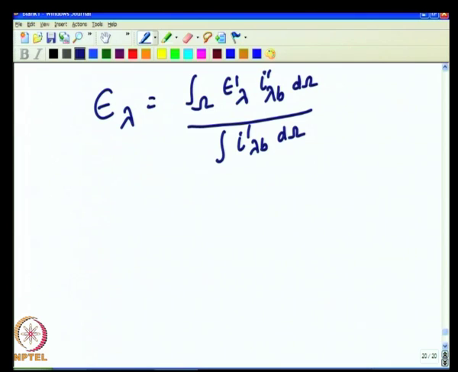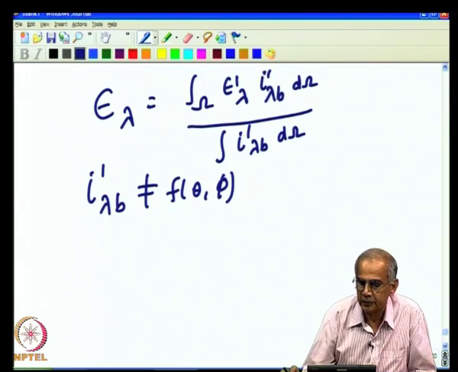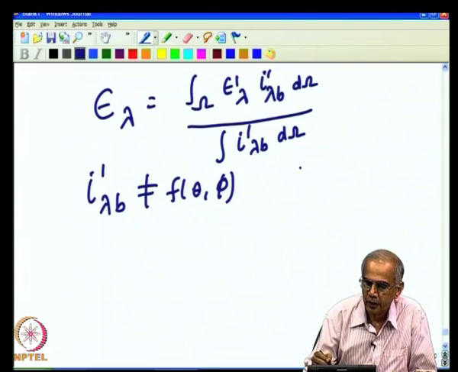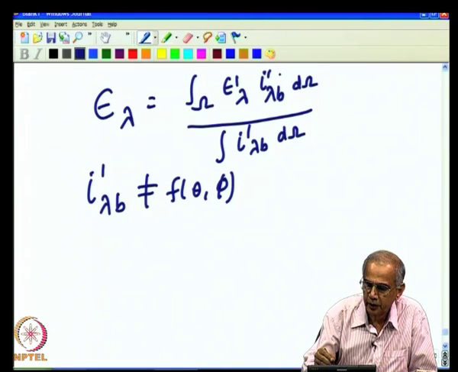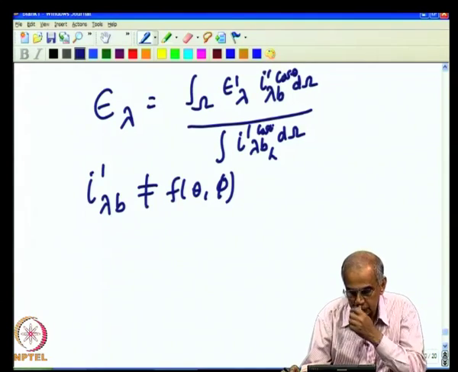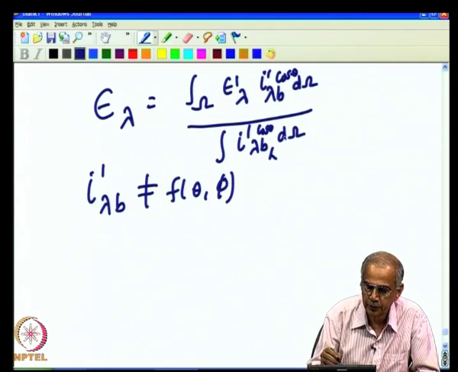Now, remember that the definition of intensity is such that the directional spectral emissivity of a blackbody is not a function of angle. That was built into the definition. So, both these integrals come out, and I am sorry, I forgot a cos theta there. There is a cos theta here. So, if you do the integration, this will come out as pi.